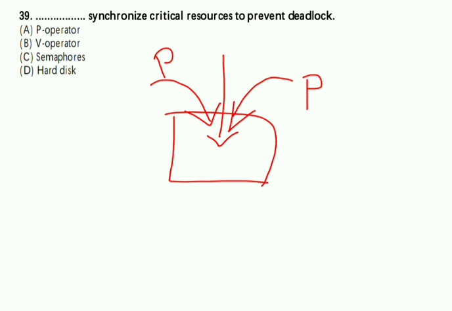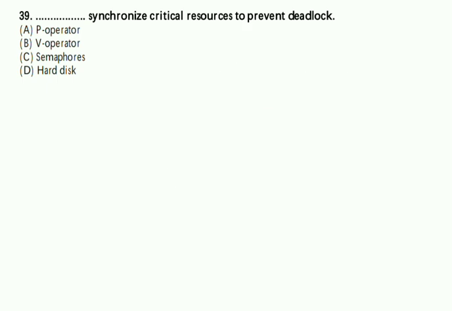If you allow only one process to enter at a time, and make the remaining processes wait for a certain amount of time, then it won't lead to any deadlock and it will allow all the processes to enter the critical section. So option C is the correct one.